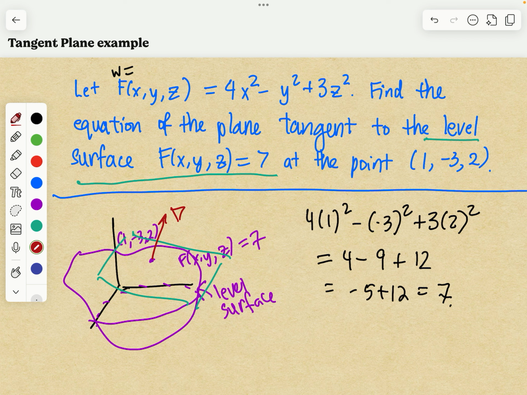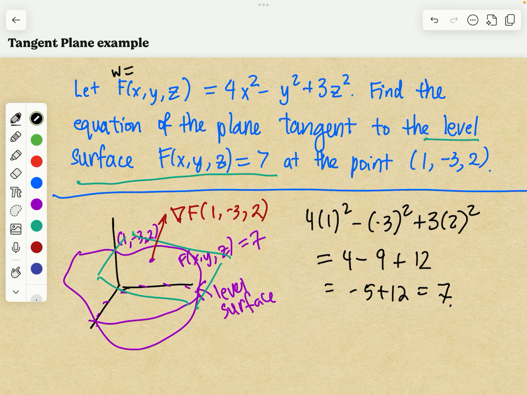So this is the gradient of F at the point 1, negative 3, 2. And once we find a normal vector, we have a point, and then we can find the equation of the plane using our facts about how to find the equation of a plane.